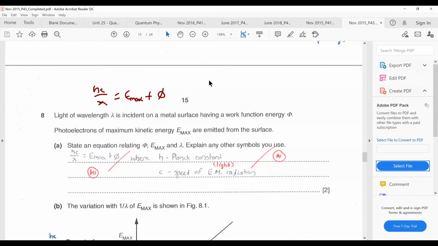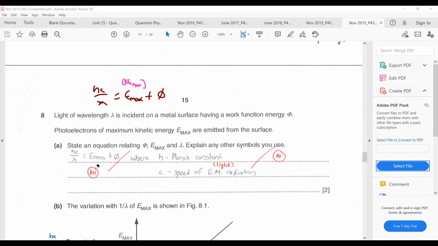I have a tendency to write things as KEmax. But here you do not write that, because the question already defined for you Emax. So don't go and change to KEmax like I usually write. Just use back Emax. Whatever the question gave you, please reuse it.